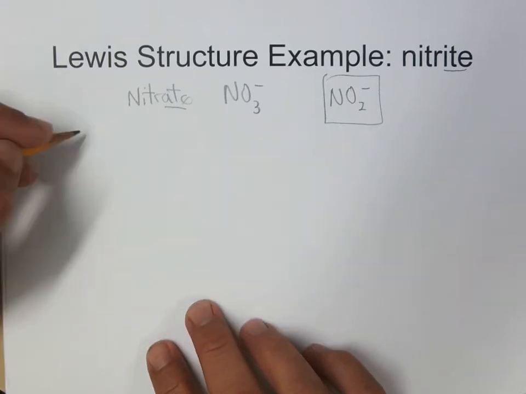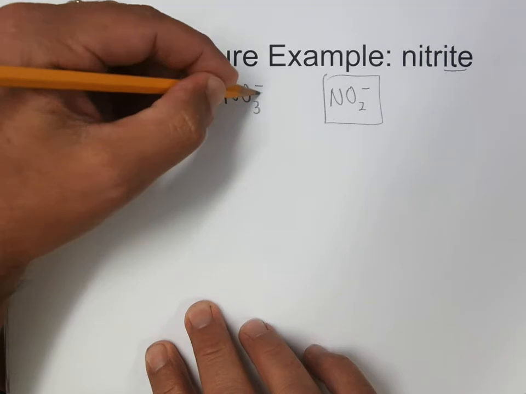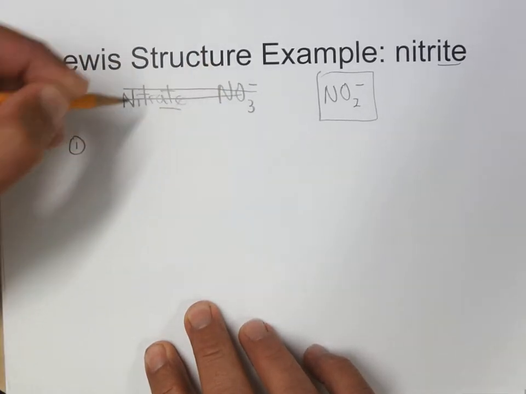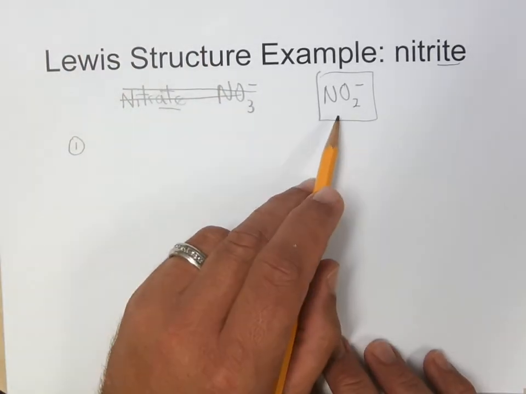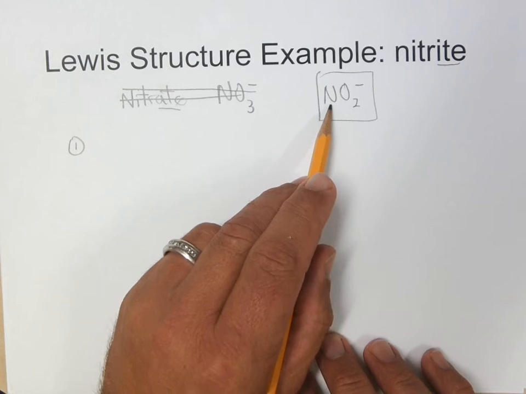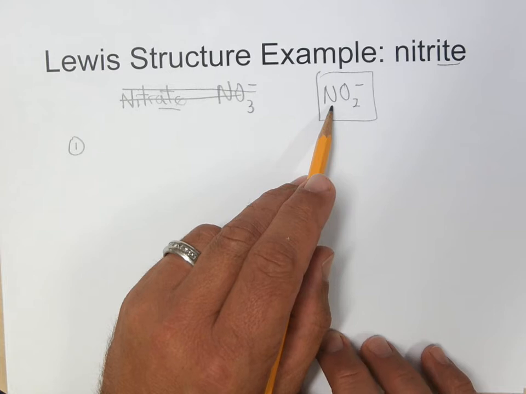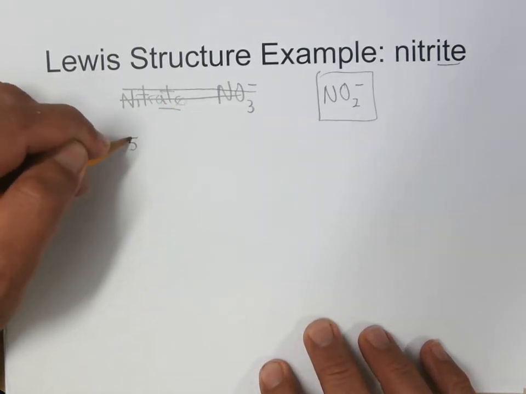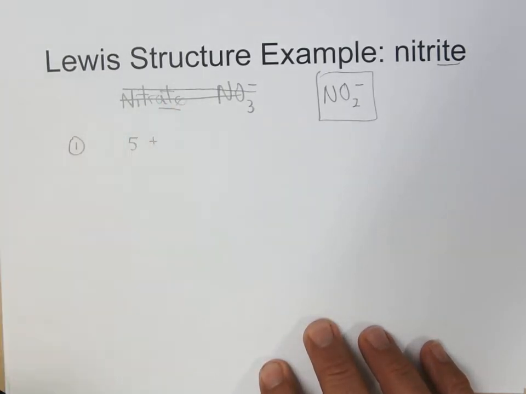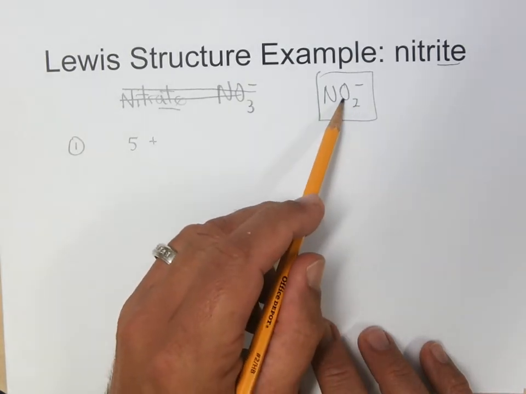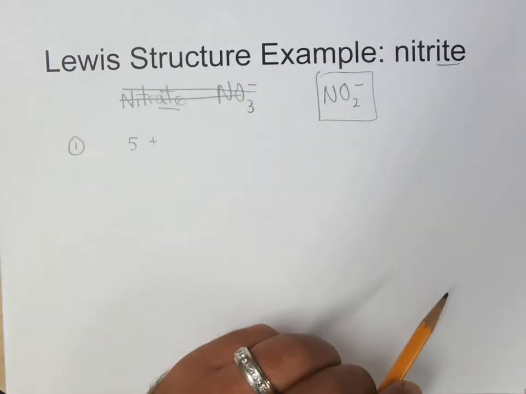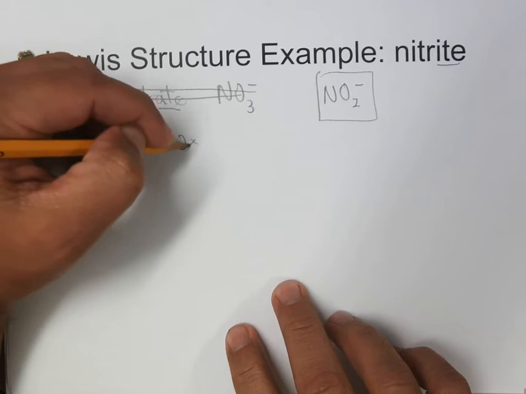The first step was to determine the number of valence electrons in nitrite, not nitrate. So nitrogen, if you look at just the nitrogen atom, has 5 valence electrons, 2s2 2p3. So we're going to put 5 electrons from the nitrogen into this picture. You have 2 oxygens, and each oxygen brings in 6 valence electrons.